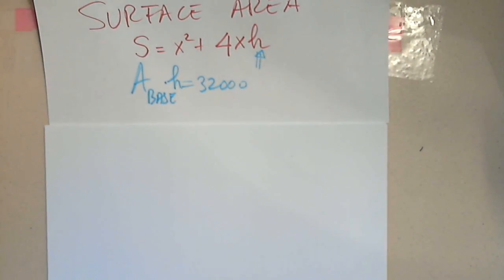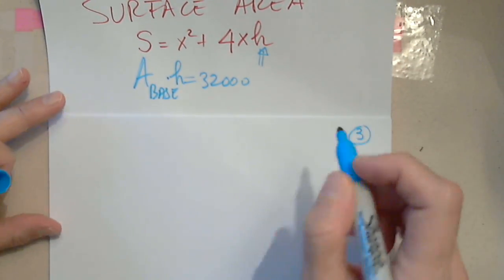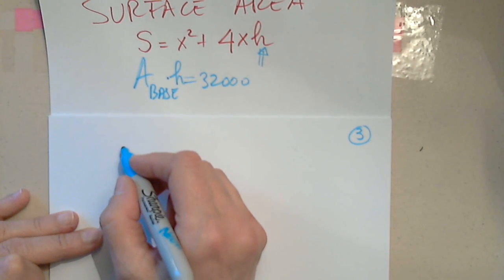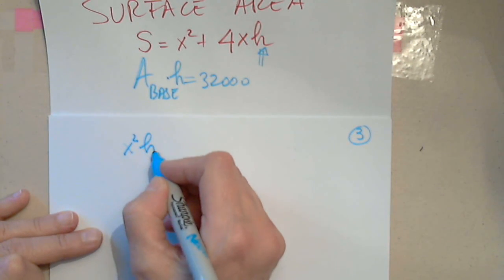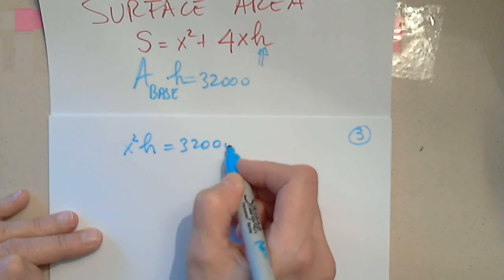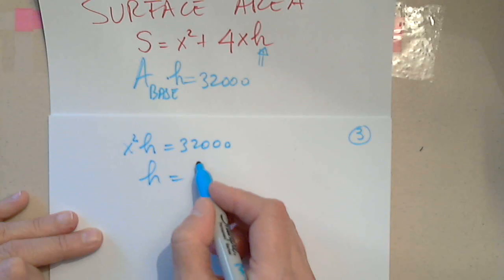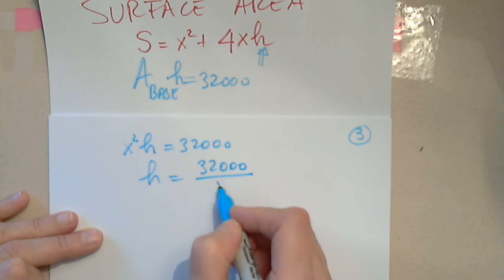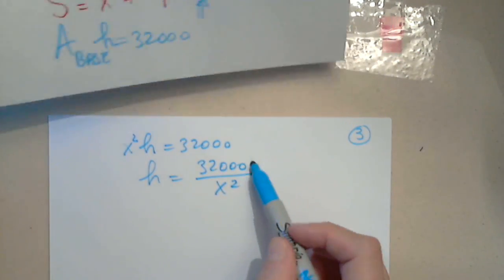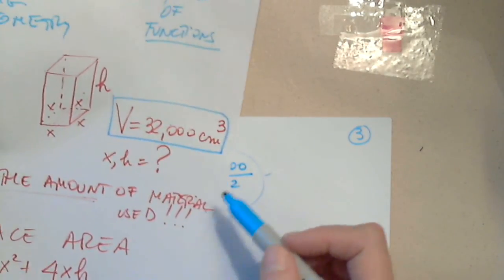So what I have so far is this. From here, I have that x squared times h equals 32,000. I can solve for h. So then h equals 32,000 divided by x squared. And I can plug this in here.